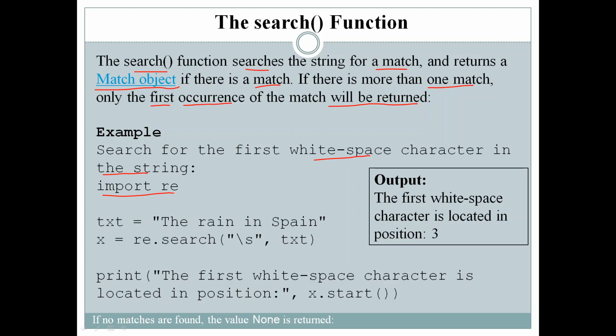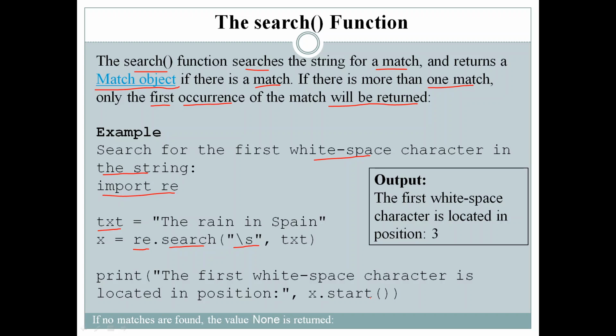First import the re module, then we have our text, "The rain in Spain", and we have used the function re.search. What we are searching for is \s. Backslash s will search for a white space character.